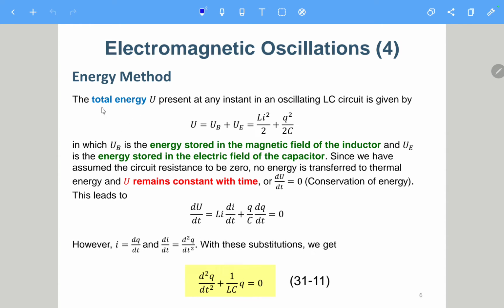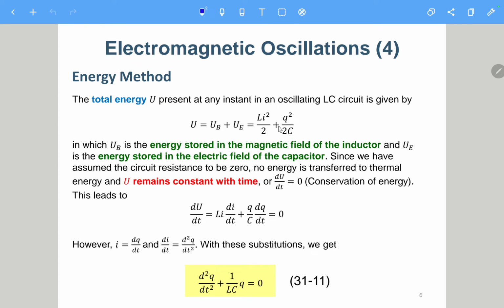It tries to consider the total energy stored in the system, which is of course UB plus UE for the LC oscillator. UB is 1/2 L i squared and UE is 1/2 CV squared, or here it is written as q squared over 2C. So this is the total energy.